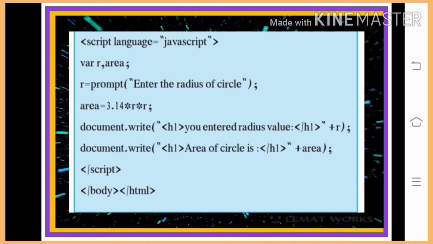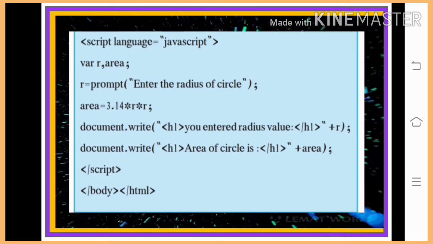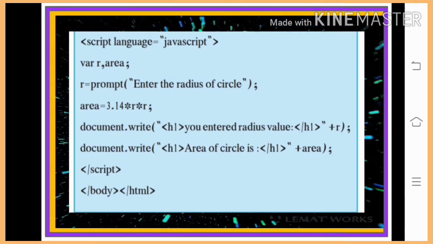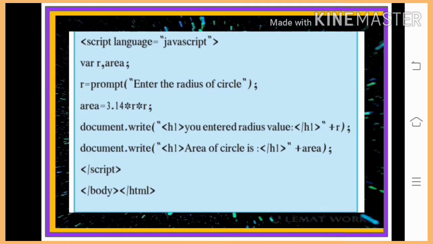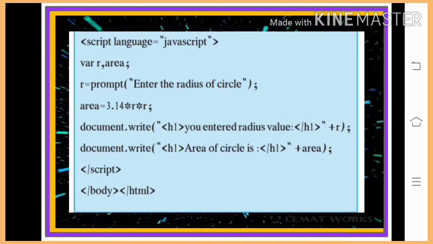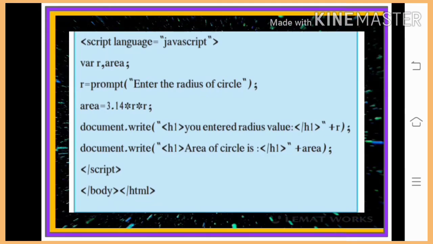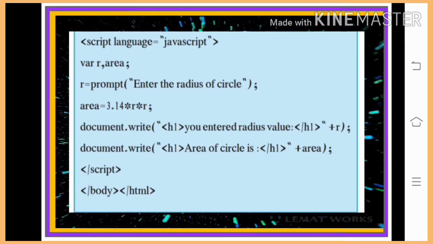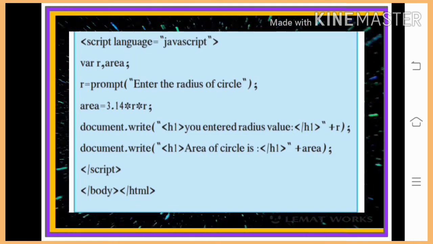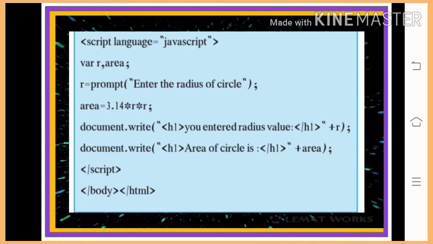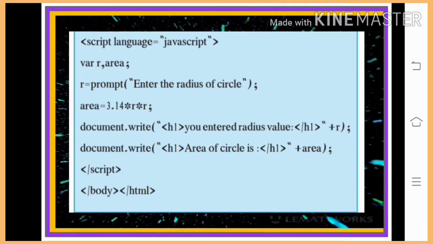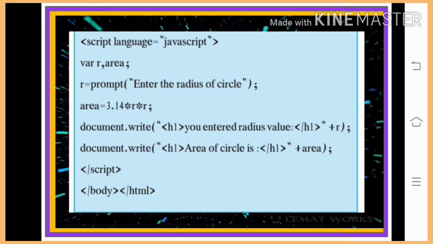Write area equal to 3.14 multiplied by r multiplied by r. So our final answer exists in the area variable. Now display the answer by using the write method of the document object. So write document.write, h1, you entered radius value, close h1, plus, the concatenate operator, and r.